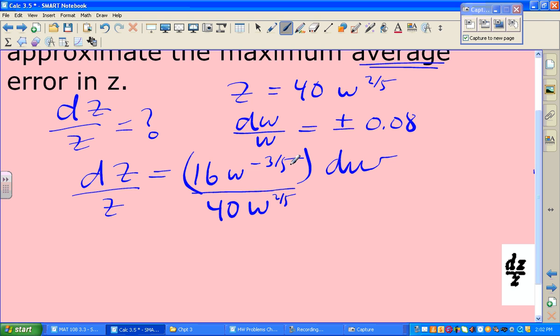But what's the negative exponent going to do? And then what can you do? Add. What is 3/5 plus 2/5? So 16 over 40, dividing both by 8, you have 2/5 with a dW over W right here.